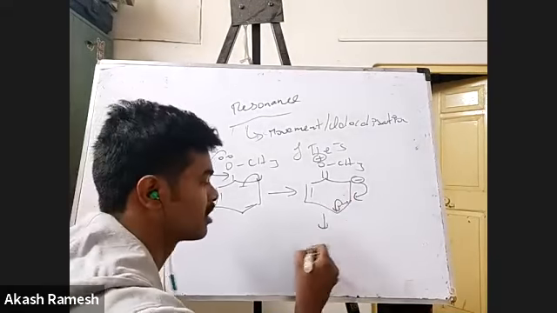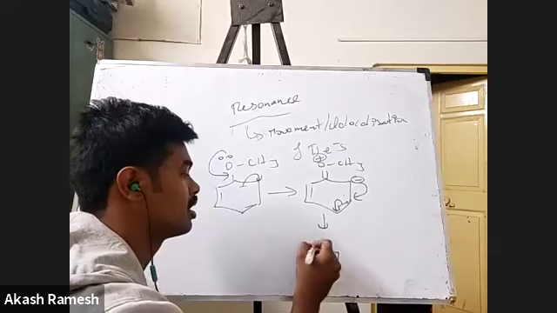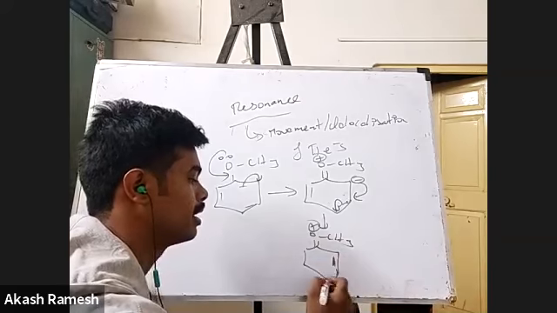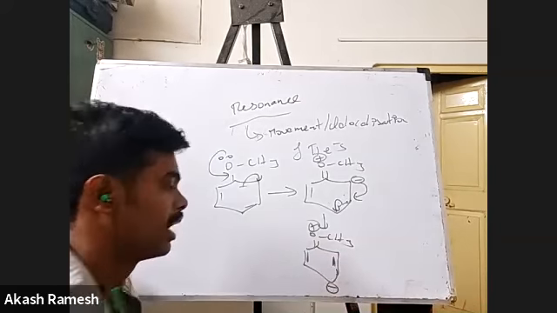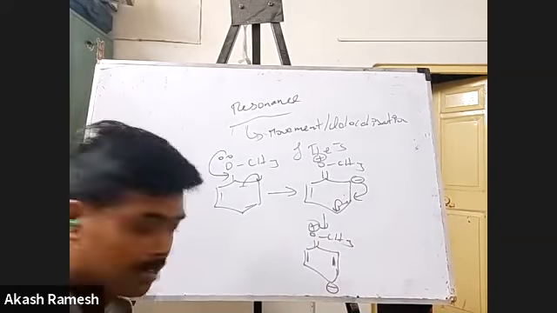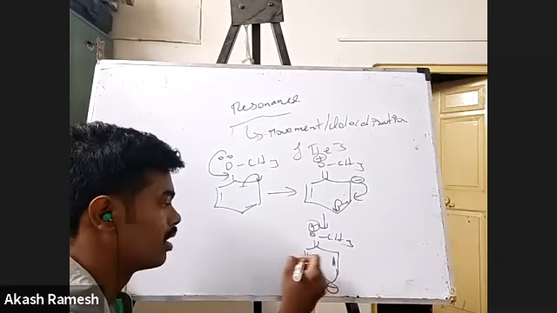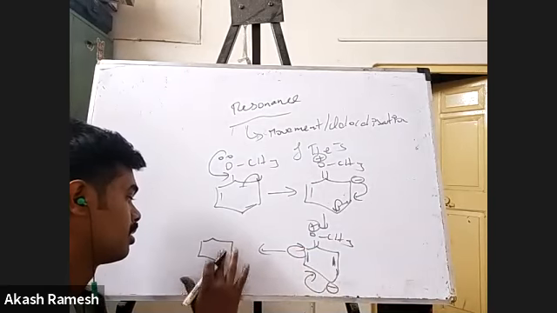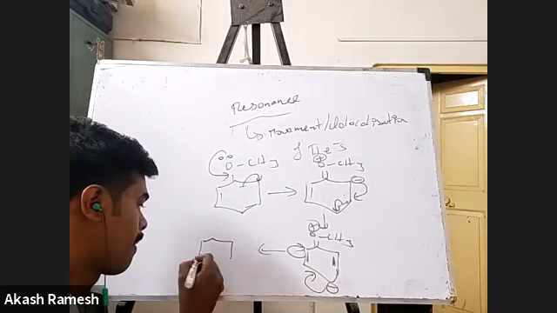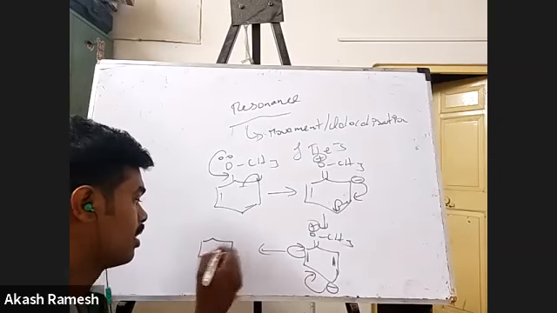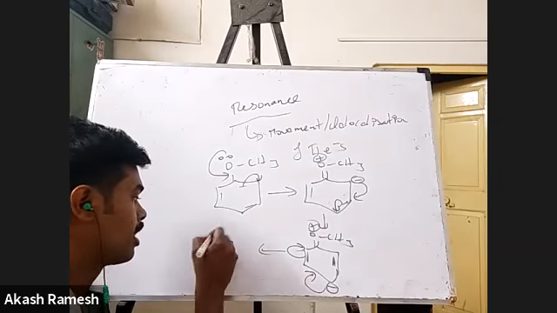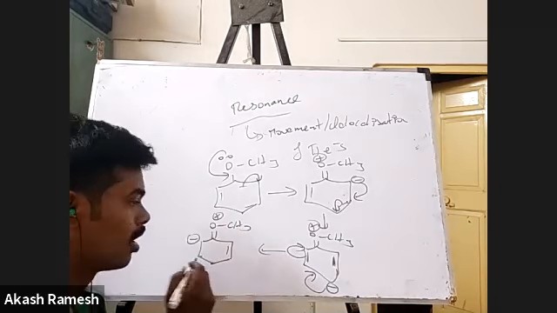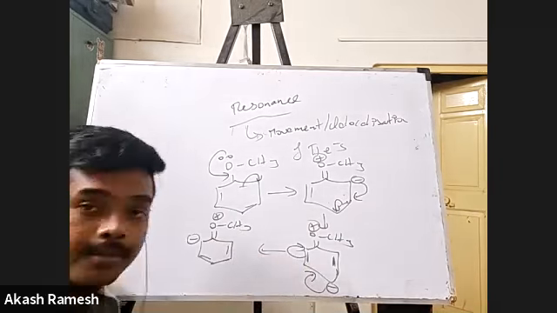So what will be the next resonance structure? The next resonance structure would be OCH3 plus. Now I have a bond here, there is a negative charge here, and there's a bond here. Now this will go here, and this bond will break. The next structure would be a bond here, a double bond OCH3 with a positive charge, and this bond has gone over here, and there is a bond here.